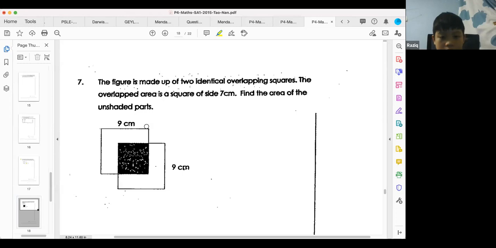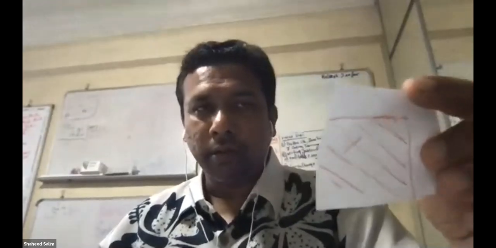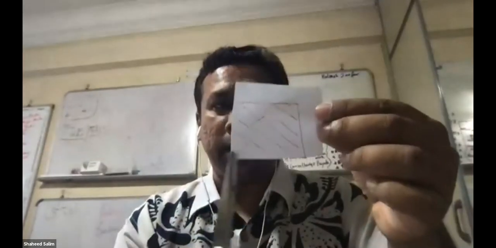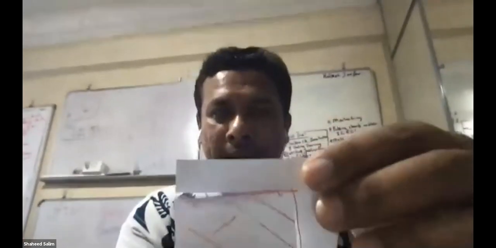Okay, Raziq. You see, this one, you want to find the white part. Look, can you see now? You find the whole area minus the red area. Yeah, see? 15 minutes. So once you minus it, find the whole area.